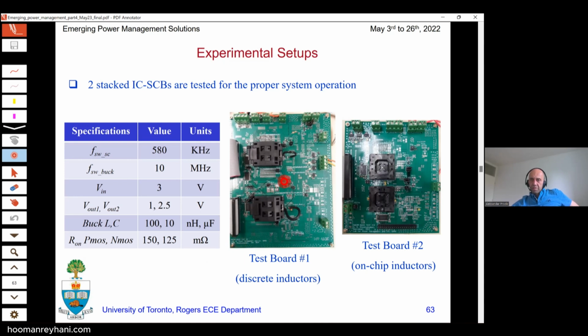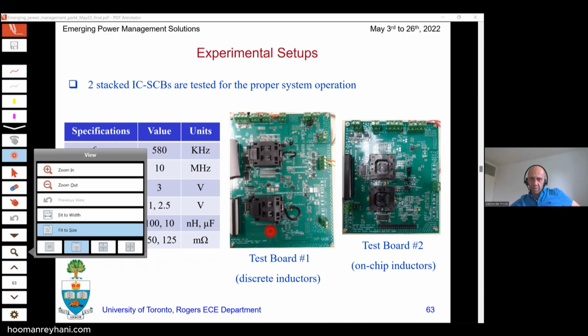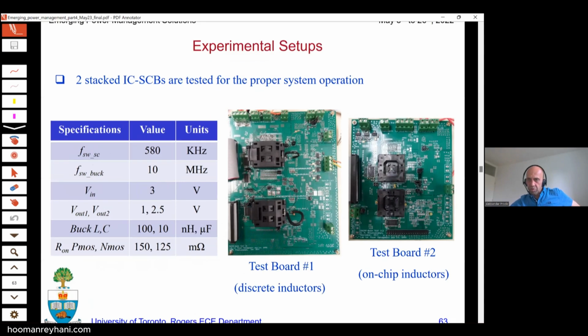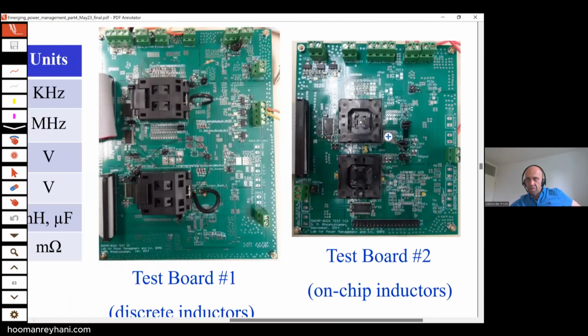So the first board that is implemented here is with the off-the-shelf inductors, and then the second implementation here is with the on-chip inductors. I'm not sure if you're able to see it. I will try to zoom in on this picture here, just to show you where the inductors are.